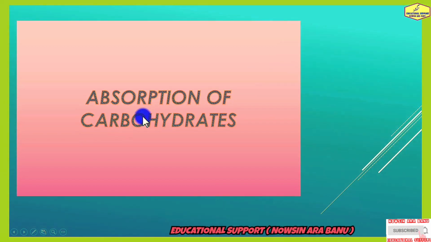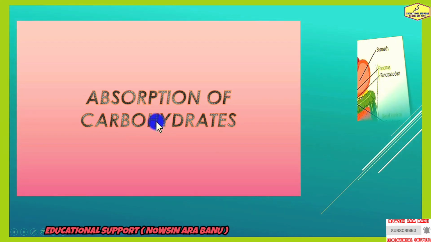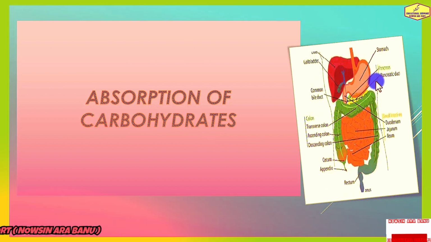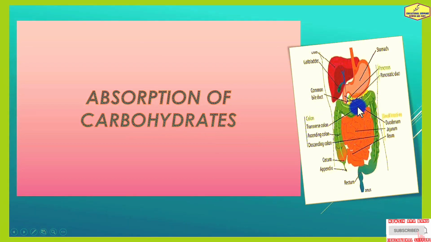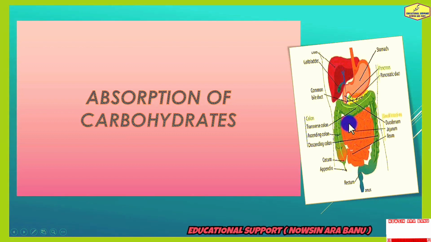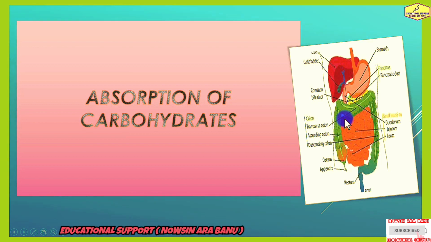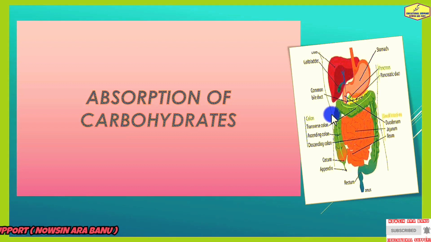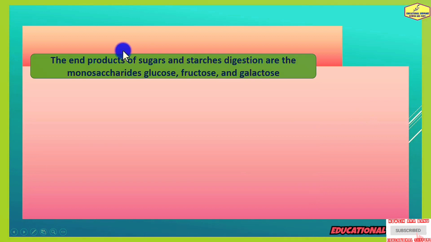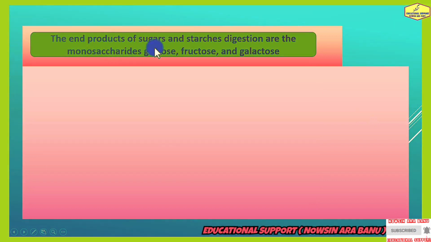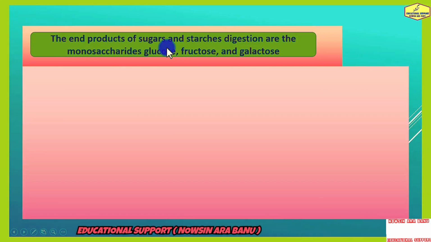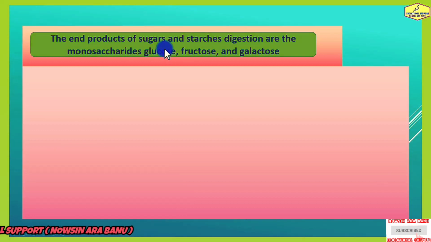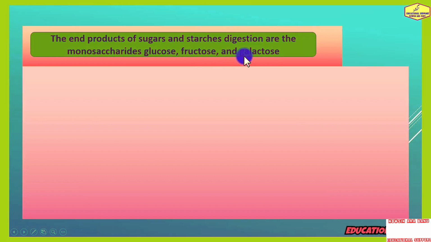Do you know what absorption is? Absorption is the process of absorbing or assimilating substances into the cells or across the tissues and organs through the process of diffusion or osmosis. The principal monosaccharides produced by the digestion of carbohydrates are glucose, fructose, and galactose.